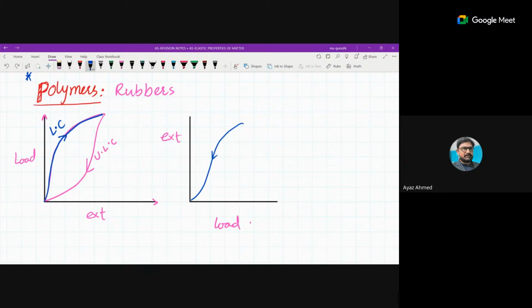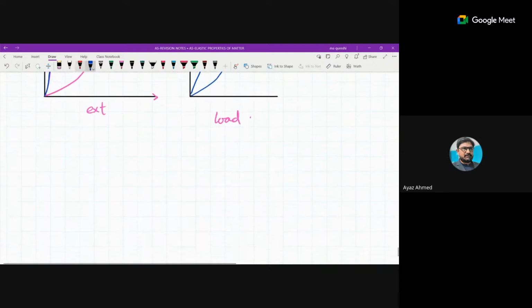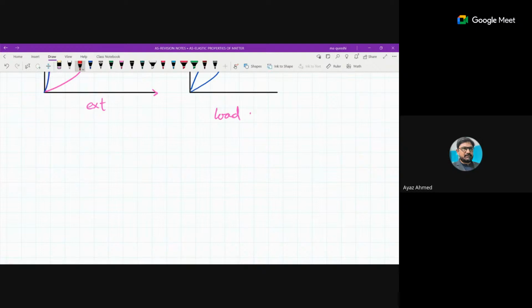It is difficult to draw. Let me draw it. Something like this. Okay? Is it clear to you? So these are basically the loading and unloading curves of your polymers.